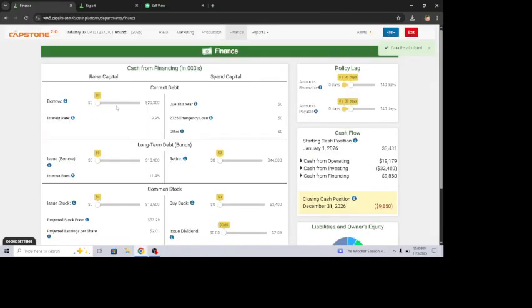So we are going to borrow a maximum of 10,000, and then we are going to take a long-term debt of 12,000. And then we are going to take an issue stock of 5,000.